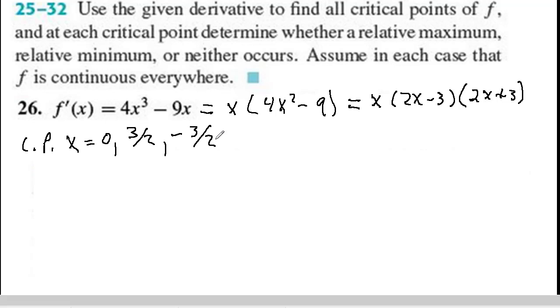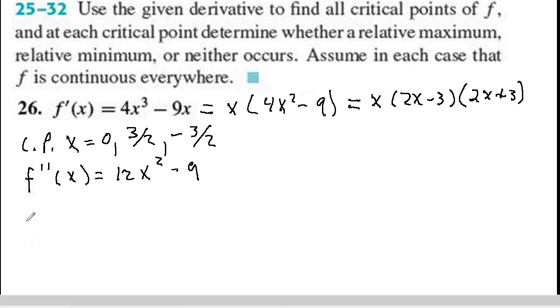We're not told how to classify them, so we either have the first derivative test or the second derivative test. And because the derivative is very easy to find here, I'm going to go ahead and use the second derivative test. And so the second derivative of this function is 12x squared minus 9.